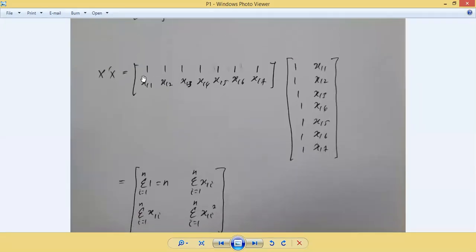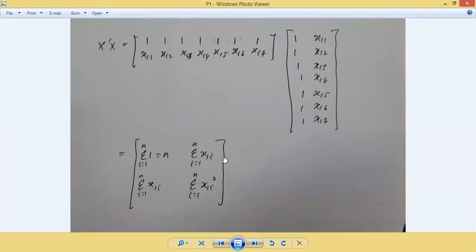Then you multiply the first row and the second column. So you get 1 times x11 plus x12 plus x13 and so on. So it is the sum of x, or the sum of x1i, because again we only have one x.